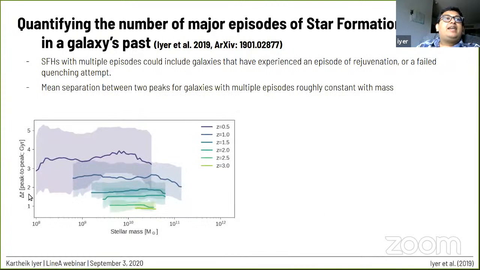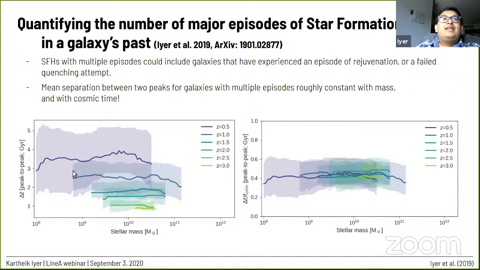And we can then get the timescale between the peaks, so the timescale on which galaxies seem to quench and rejuvenate. And looking at these as a function of the fraction of the age of the universe, we see that it's reasonably flat as a function of stellar mass and the fraction of time it takes. So comparing this to simulations is an interesting constraint to see if they can reproduce it.